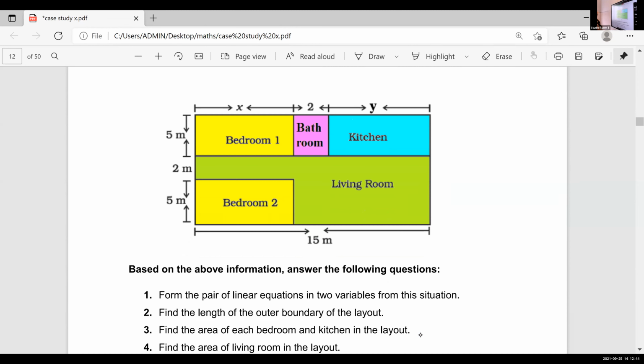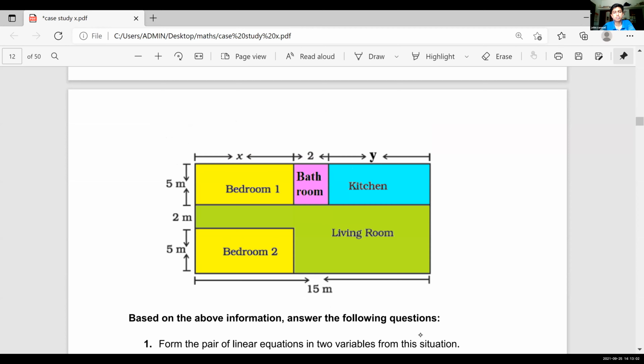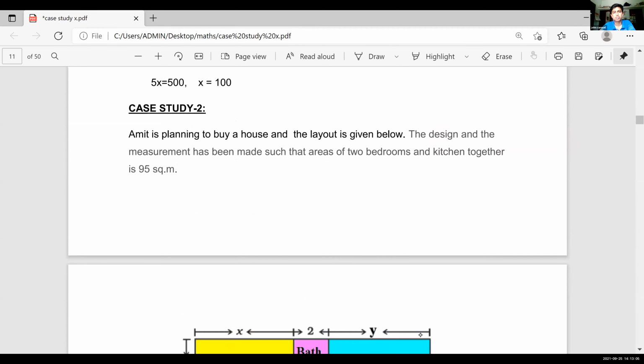Can you form the equation? 2x plus y is equal to 15. Can you show the question one more time? Read this one.